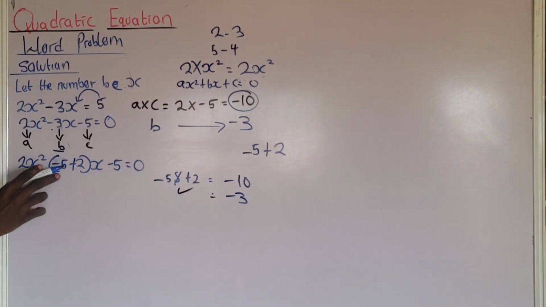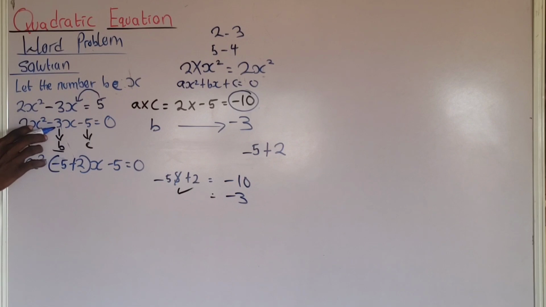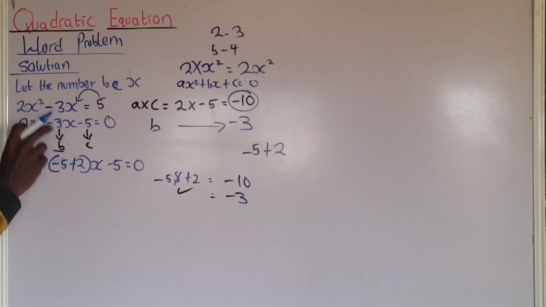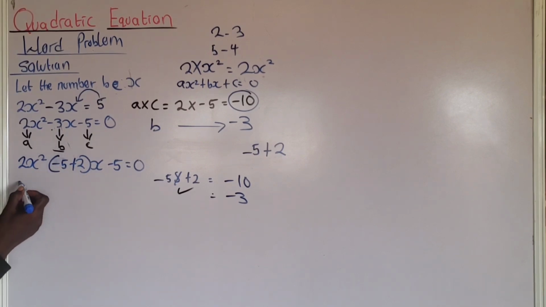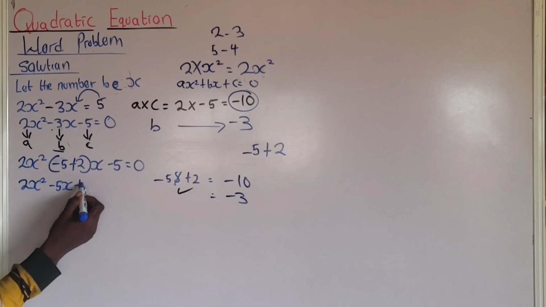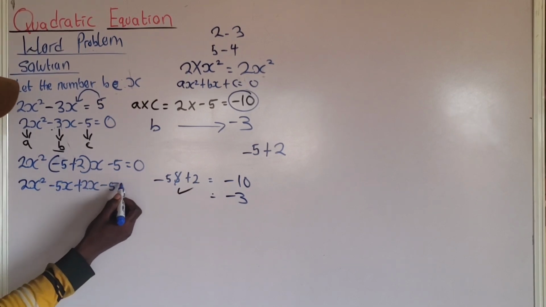Negative 5 plus 2 will give me negative 3, so if I solve this bracket, I'm still going to have negative 3. Let's proceed. Just open the bracket with x: 2x squared minus 5x plus 2x minus 5 equals 0.